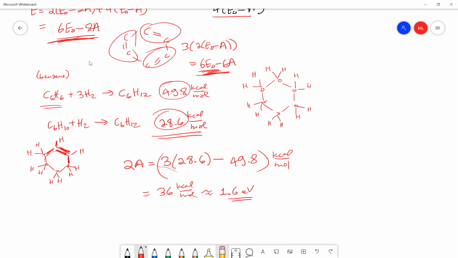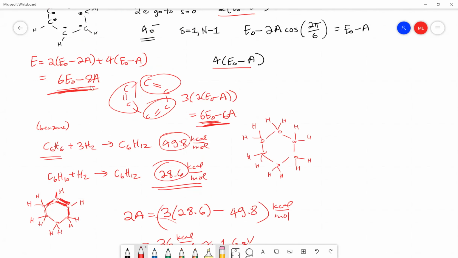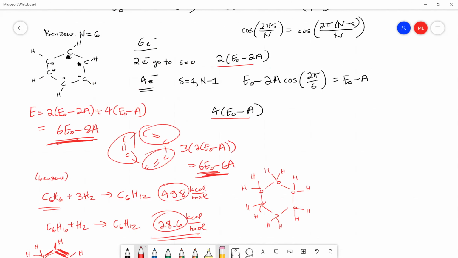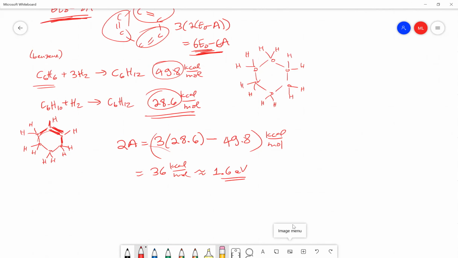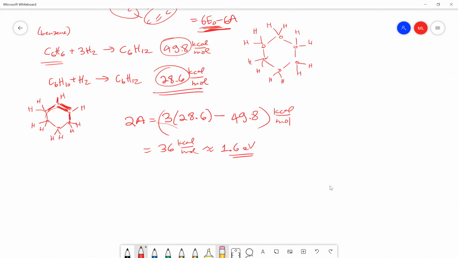And why do you get this gain of 2A in the benzene? Because it doesn't just form a bunch of double bonds where the electrons are localized between 2 carbons. Because of the hopping, the electron is able to delocalize around all of the carbon centers. And so the benzene is more stable because the electrons delocalize.